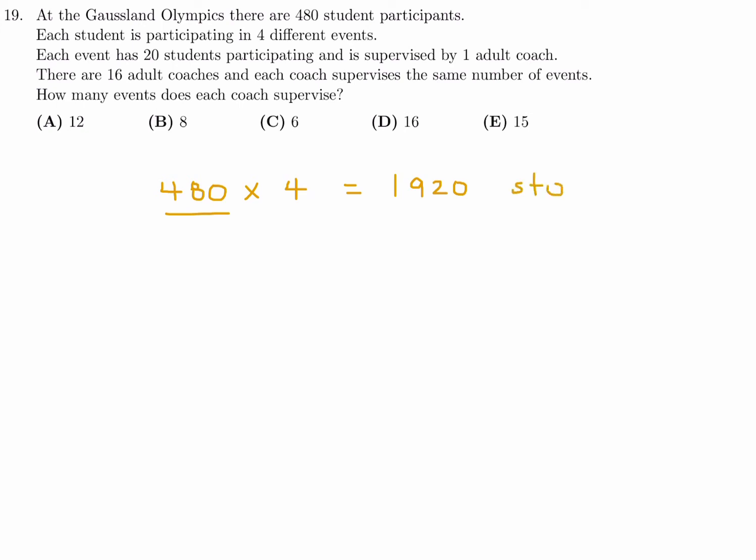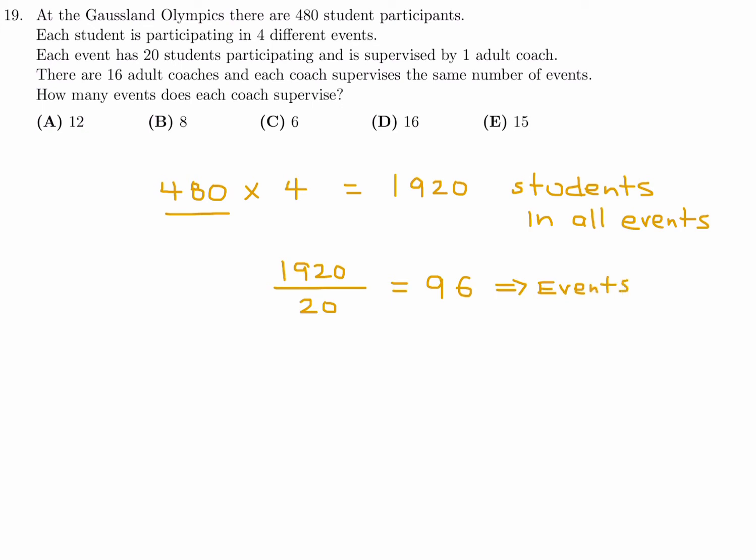So these are non-unique students in all events. Okay? But each event has 20 students. So you take all of these students and you divide by 20, and that gives you 96. And this represents the number of events.